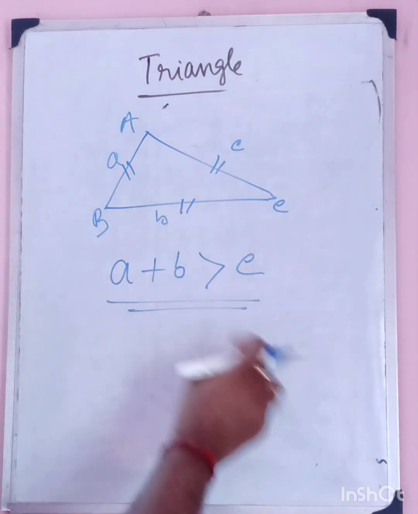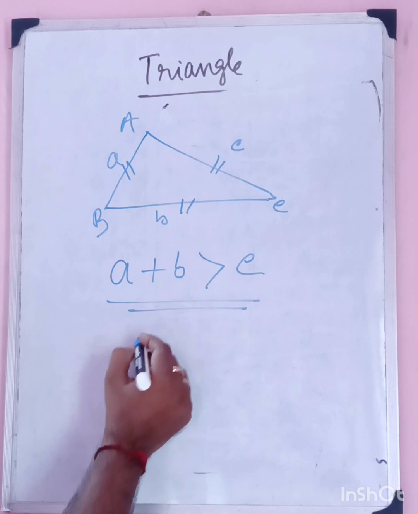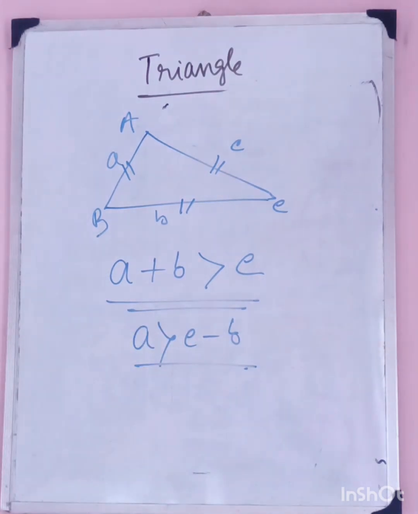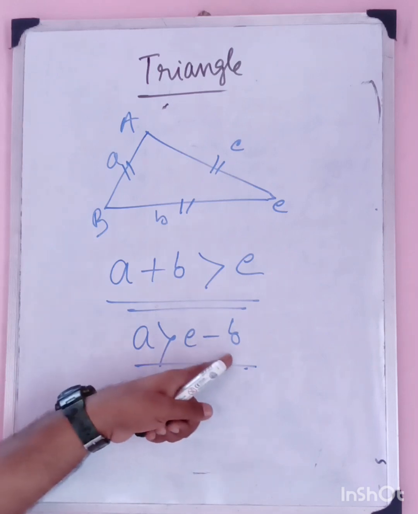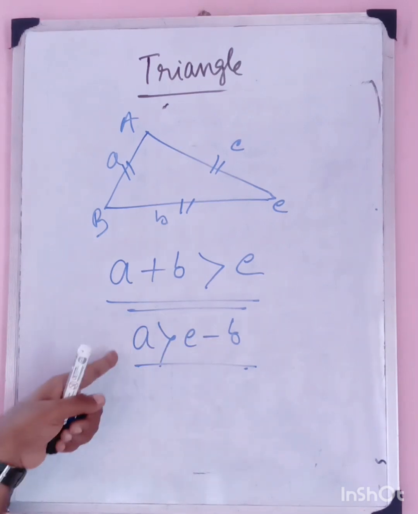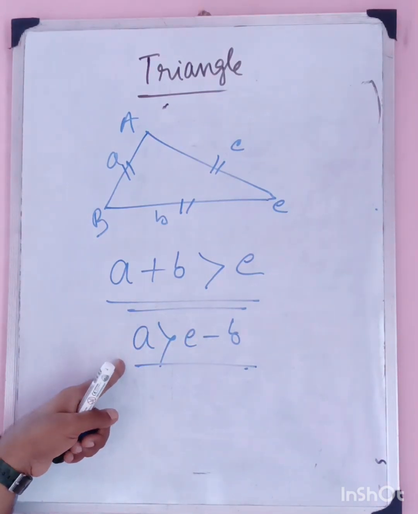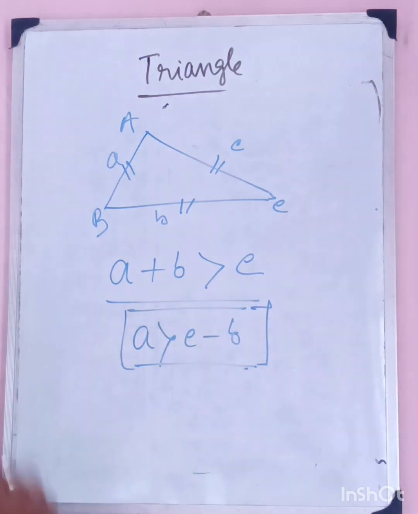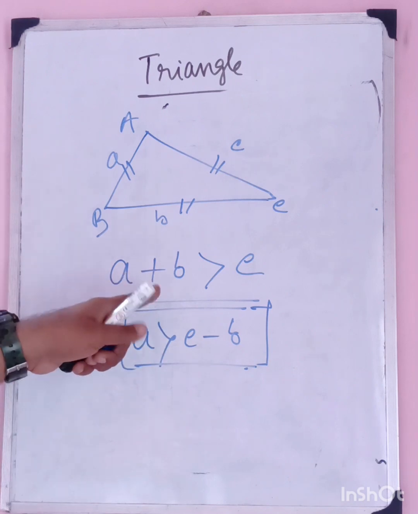Just change side b to the right hand side. a greater than c minus b. That is, the difference of the two sides is less than the third side. This property is also used. This is no new property. This is derived from the previous one.